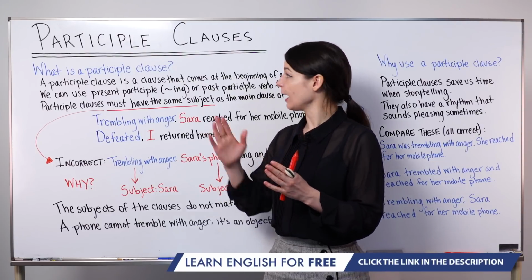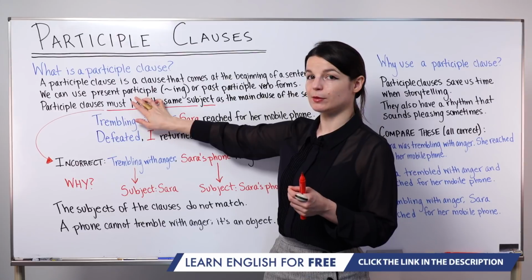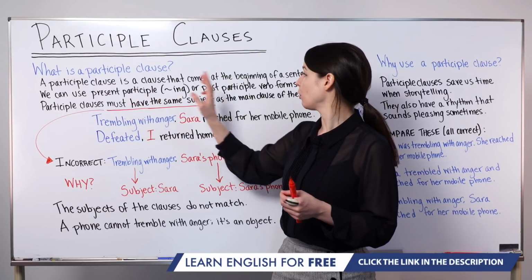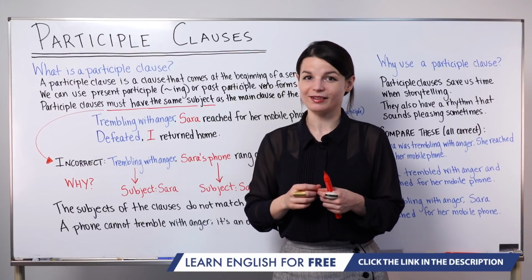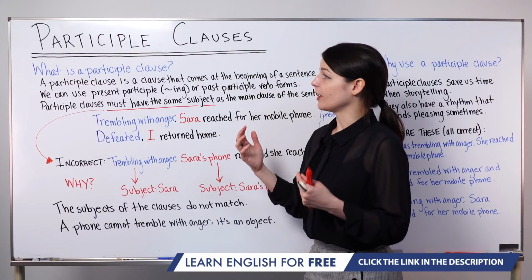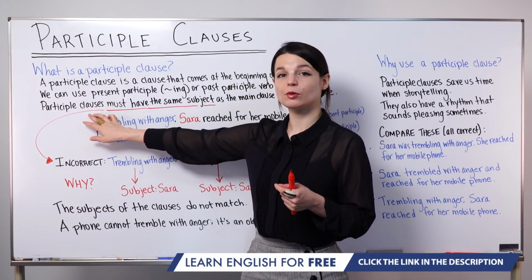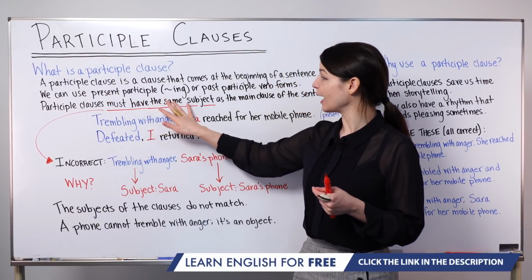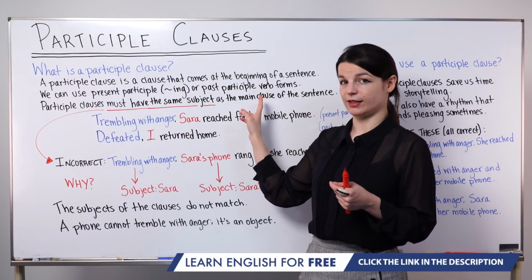So when we make a participle clause, we need to use either present participle, ing, or past participle verb forms in our participle clause. Another very important point about participle clauses is that participle clauses must have the same subject as the main clause of the sentence.